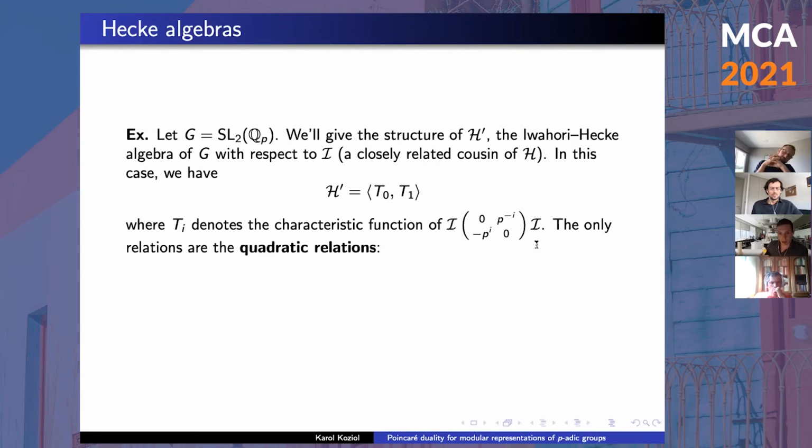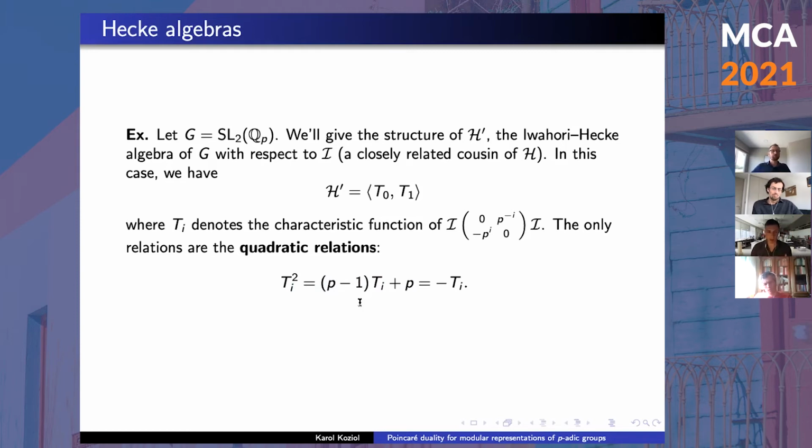There are only two relations in this Hecke algebra, the so-called quadratic relations, and they look as follows. If I take one of these operators and square it, I get this relation, which works over Z. But in our situation, since we're in characteristic p, this simplifies to just minus T_i.